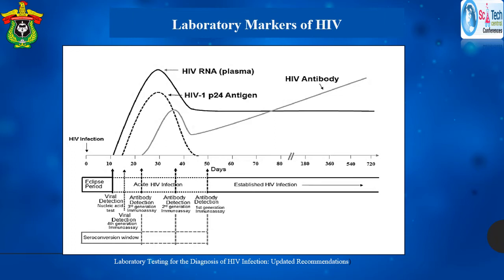HIV-specific IgM antibody can be detected 3 until 5 days after the appearance of P24 antigen, and 10 until 13 days after viral RNA is detected. And IgG antibody levels rise rapidly about a week later, reach a plateau for a few months, and remain high for years.